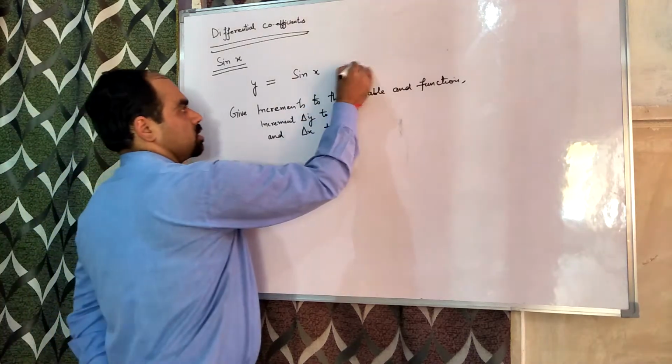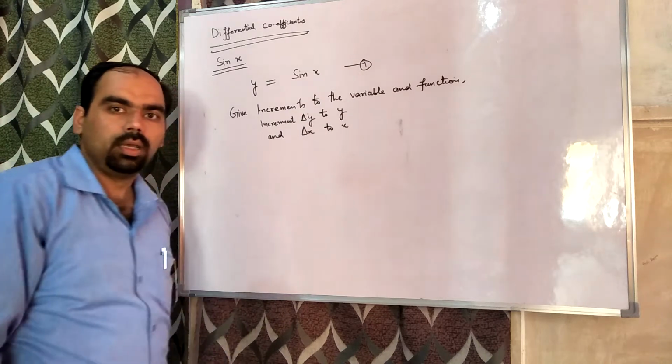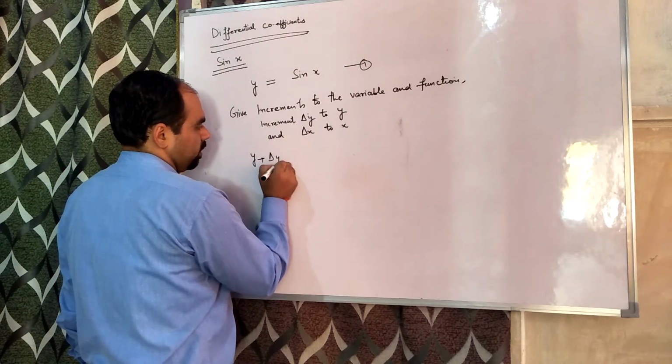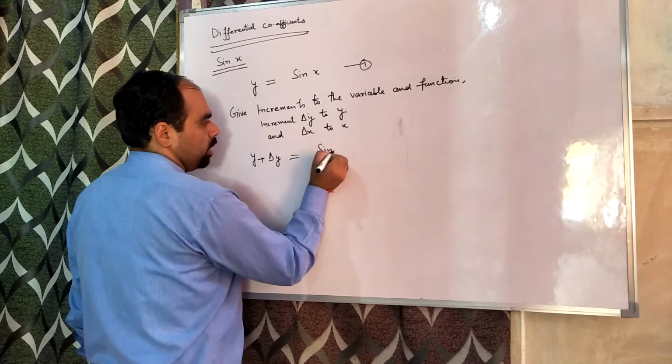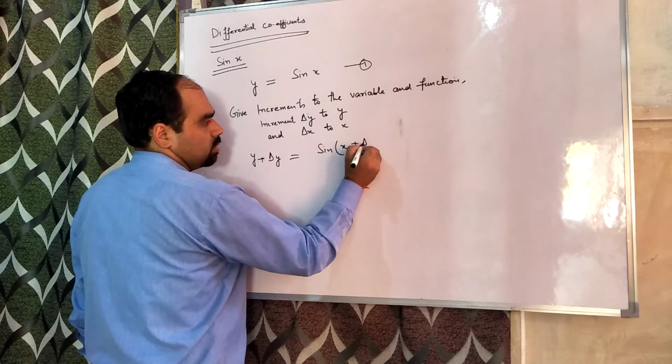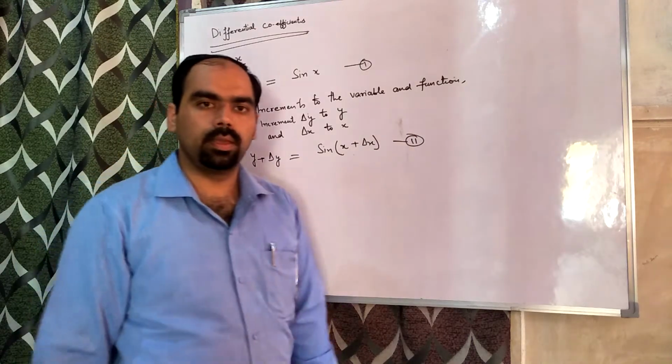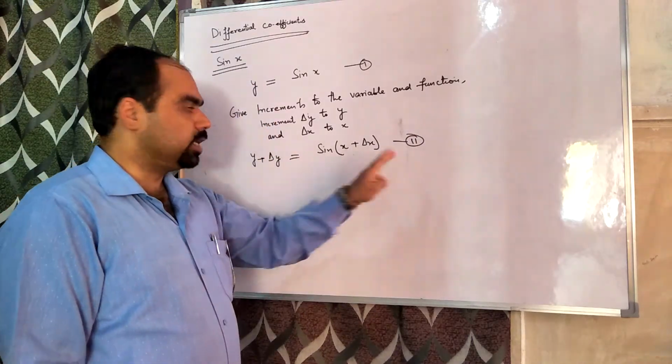So equation first is now represented by y plus delta y is equal to sine of x plus delta x, and this is going to be your second equation. So this is a series of equations.